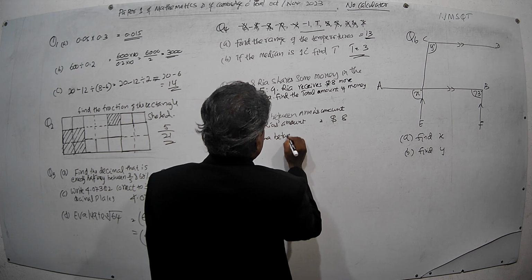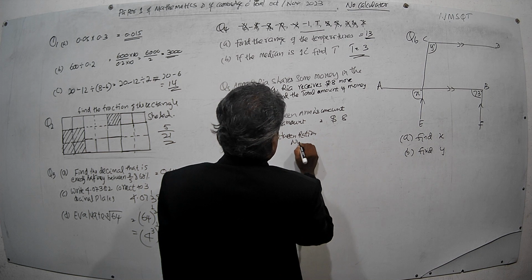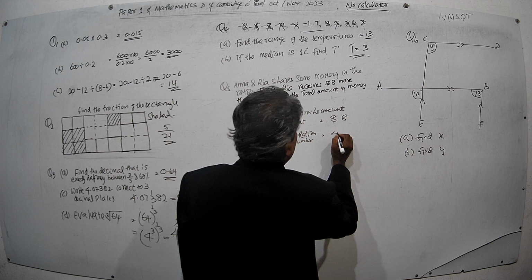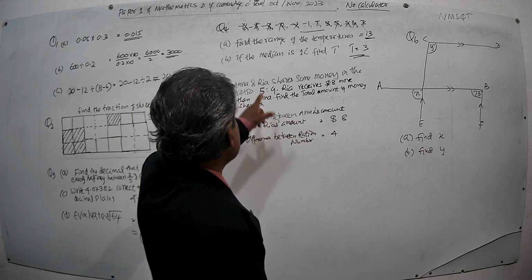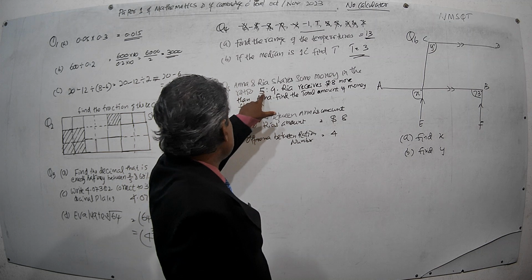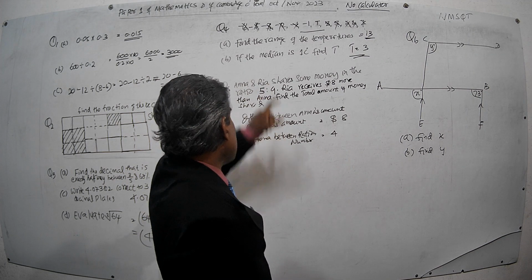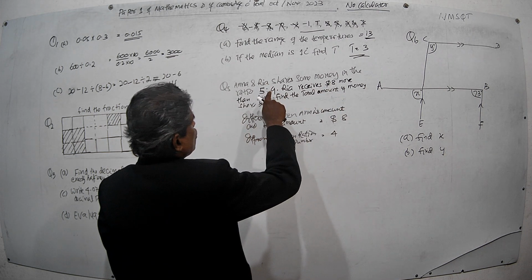How much? That is 4, 9 minus 5. Now see here, out of the two ratio numbers, the first one, 5, is attributable to Anna, and 9 is attributable to Ria. As Ria's part is more, Ria's ratio number is also more.